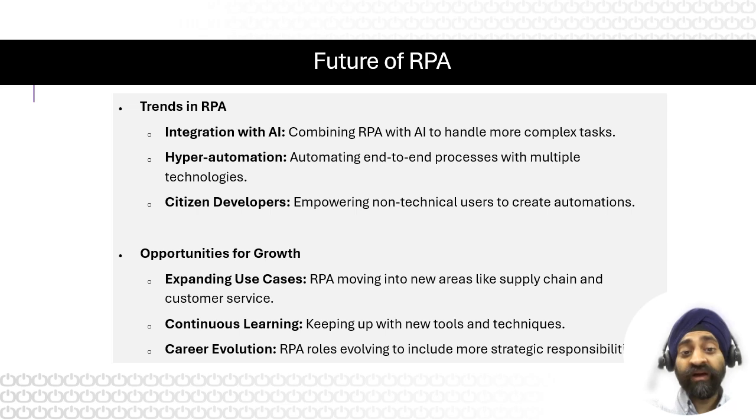The next one being hyper automation. So what is hyper automation? It refers to the use of multiple automation tools and technologies. So when we talk about multiple automation tools, it could be your RPA, combination of RPA and artificial intelligence and machine learning, process mining.